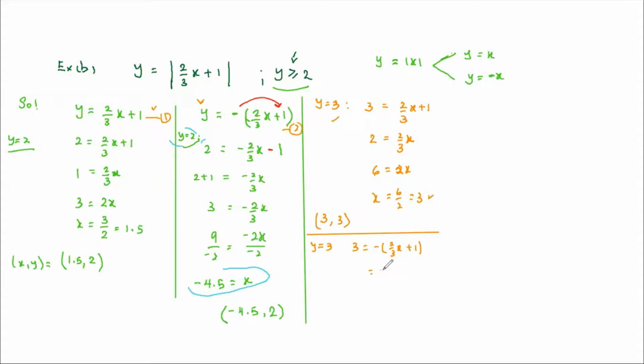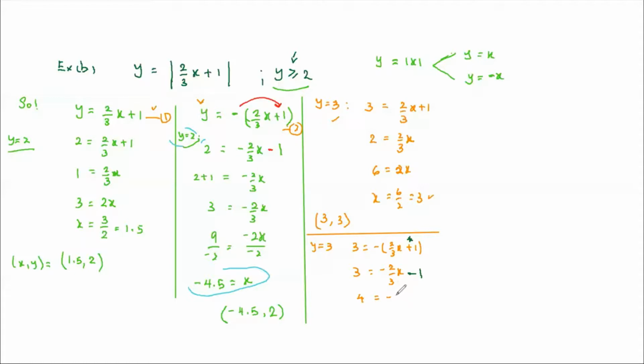So this side, open the bracket, becomes 2 over 3x. Don't forget this one. You have to change the sign because minus times plus comes out to be negative 1. And this side is still 3, right? Now you move minus 1, this side becomes 4, correct?